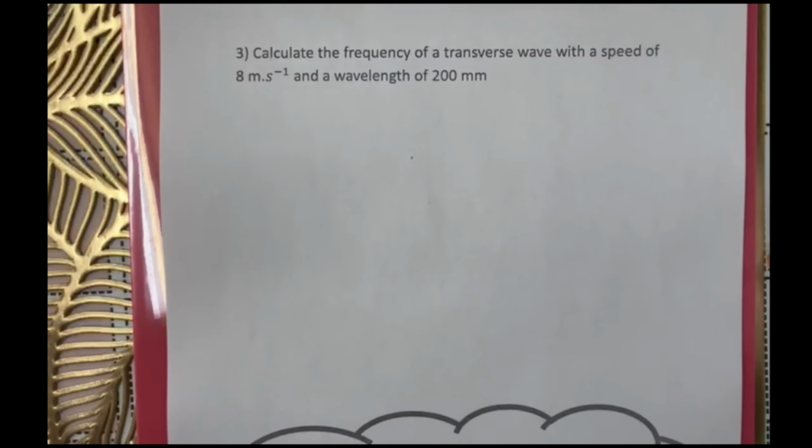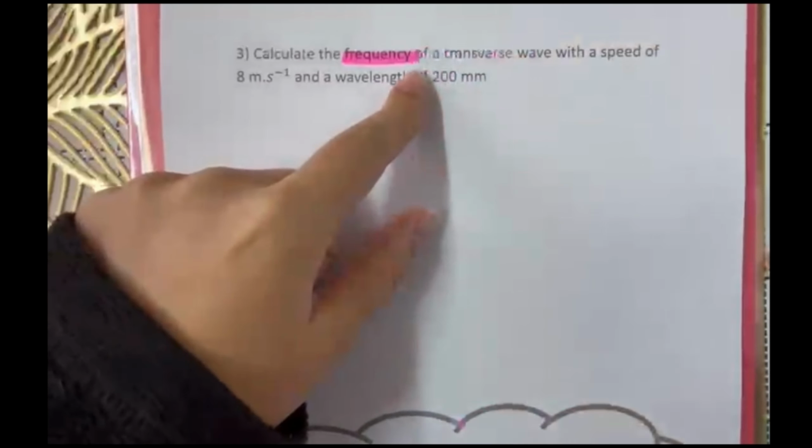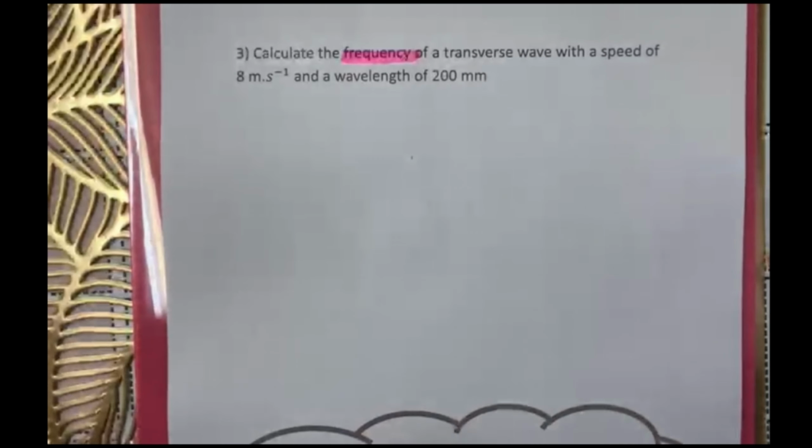Okay, so let's look at example 3. Grab your highlighter so that we can highlight what they are asking us. Calculate the frequency of a transverse wave with a speed of 8 meters per second and a wavelength of 200 millimeters.